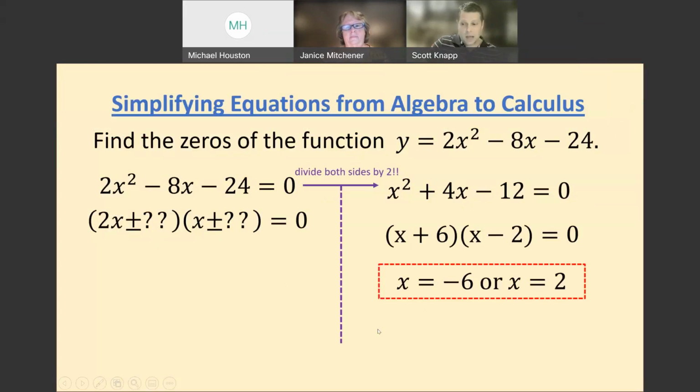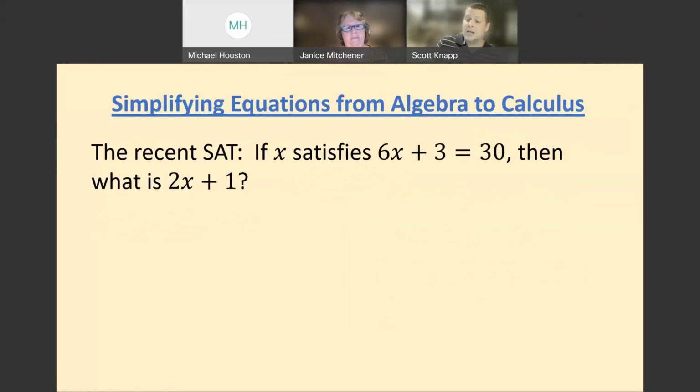Okay, and there's a lot of places this comes up, and if you start encouraging your students to do this, you'd be surprised how often they do, and they look for this. Before I get into my specific examples, I do want to show quickly the recent SAT has started taking this idea on. I helped to write a workshop for the SAT on how to leverage the technology of the Nspire in 84, and we saw this problem a lot, where if x satisfies a certain equation, then what is 2x plus 1?